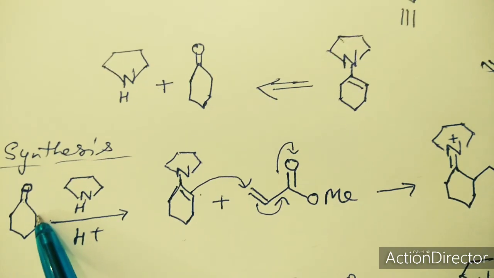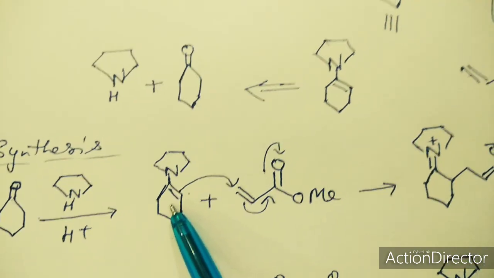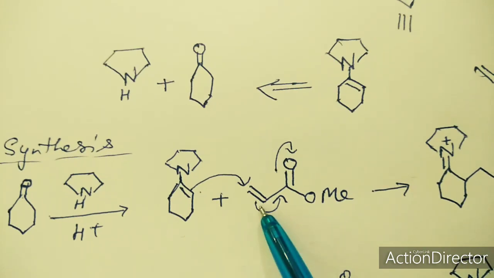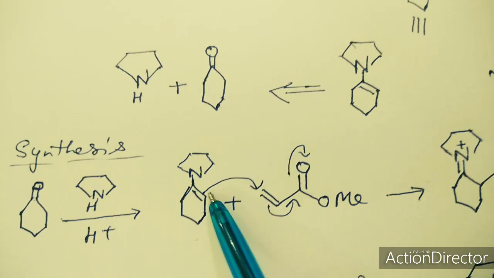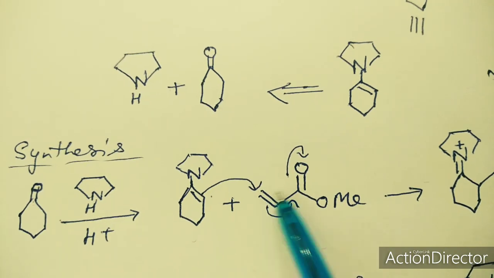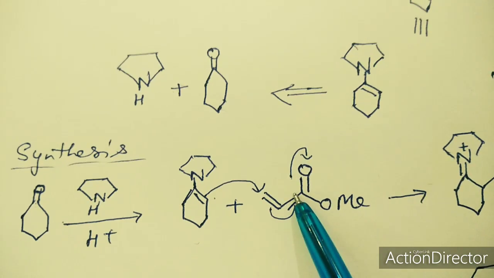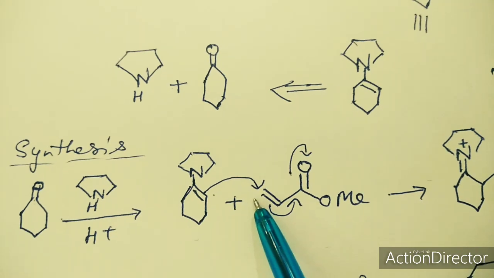This OH and H will leave and a double bond will be created. That is the enamine. This enamine, when it reacts with an alpha beta unsaturated ketone, this electron pair will shift here, it will come in this way, and this end will get a positive charge.